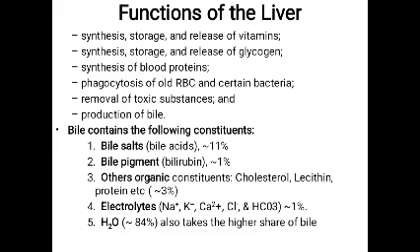Other organic constituents, cholesterol, lecithin, protein, etc., 3%. 4. Electrolytes. These are sodium, potassium, calcium, chlorine, and bicarbonate or HCO3, 1%. 5. Water, H2O, 84%. Also takes the higher share of bile.